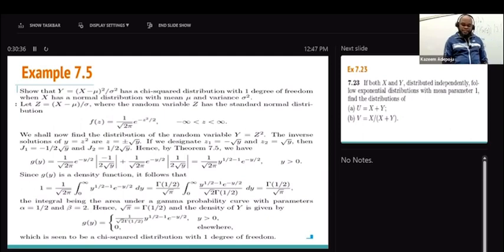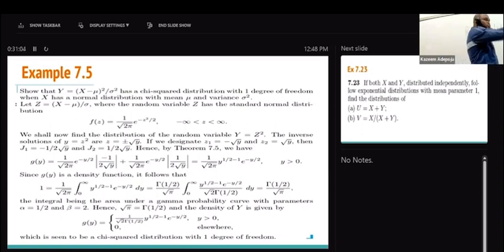If I have a random variable that follows a standard normal distribution, that is, z follows a normal distribution with mean of 0 and variance 1, that's a standard normal distribution. When I square that, it will follow chi-square. You know, I stated the theorem the other time.